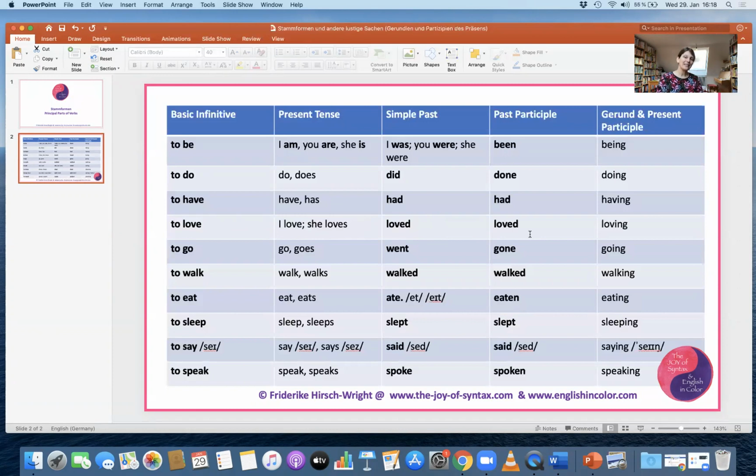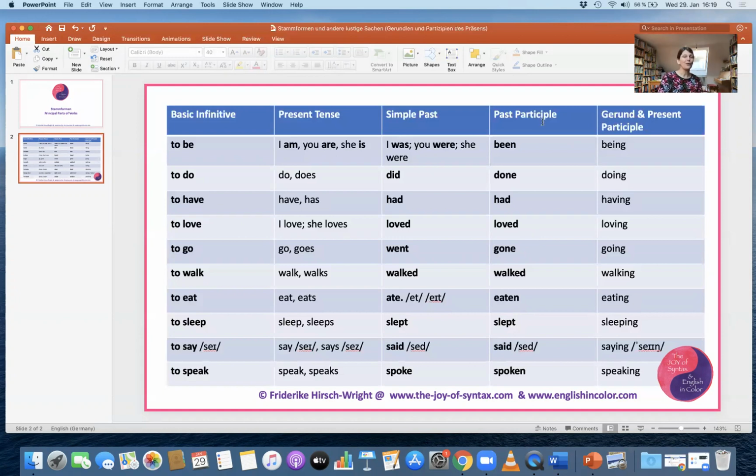Now, what I notice in German students or German-speaking students a lot is that they think that these regular verbs don't have as many principal parts as the irregular verbs. And that comes into play when I ask them to form the present perfect. For instance, if I tell them, how do you form the present perfect? They say, okay, for irregular verbs, you use have and the third form, meaning the past participle.